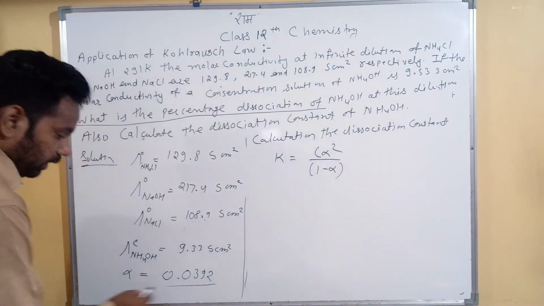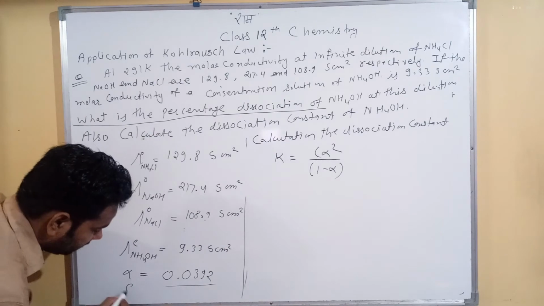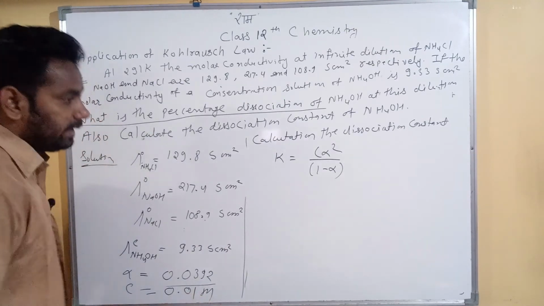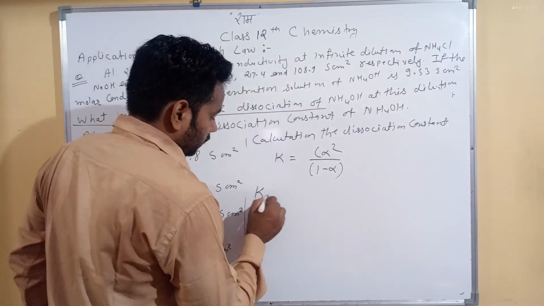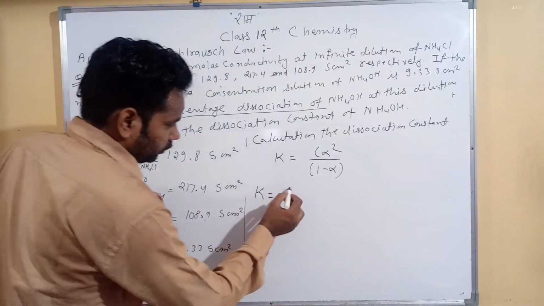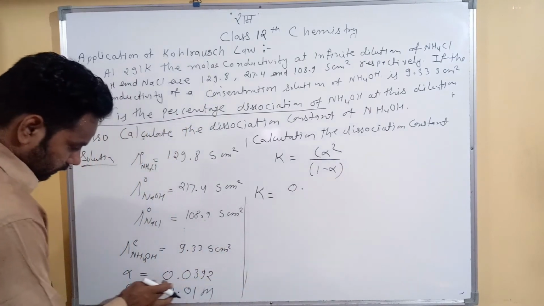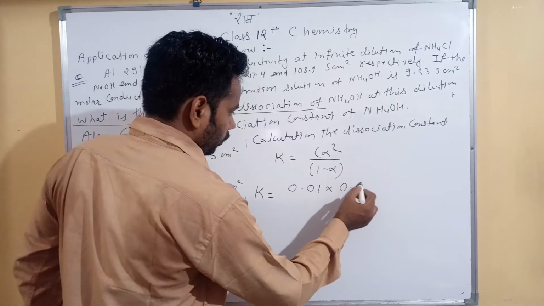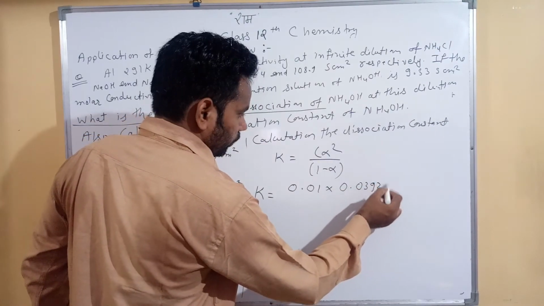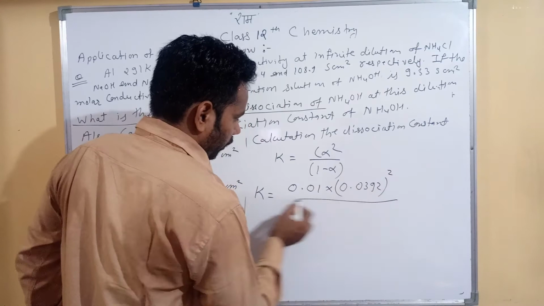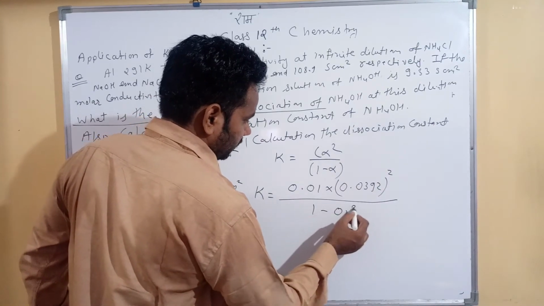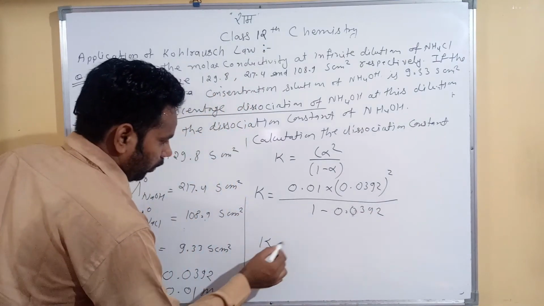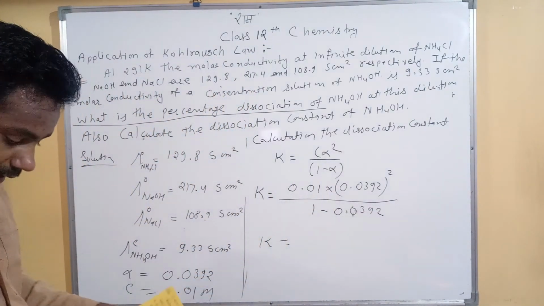Now I know the alpha value, and C is equal to 0.01 M molarity. So for the calculation of K, it means 0.01 into 0.0392 whole square upon 1 minus 0.0392. You solve all of this and get the answer.